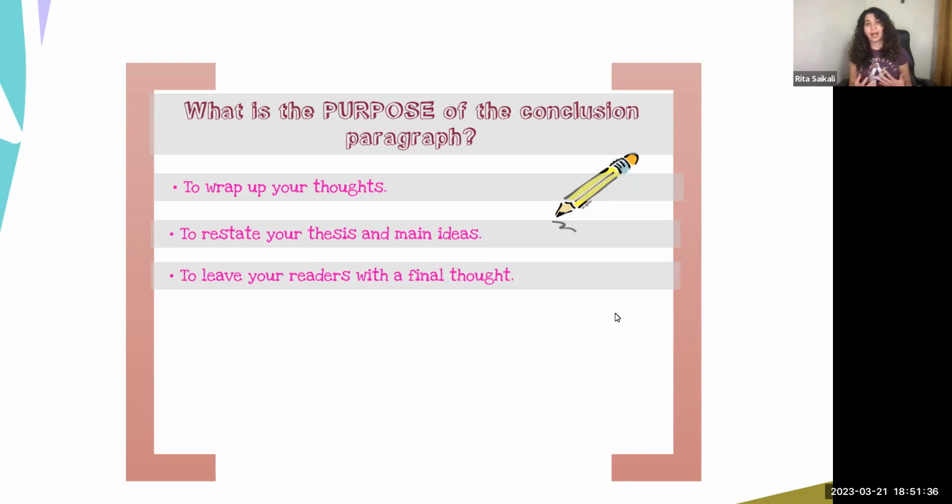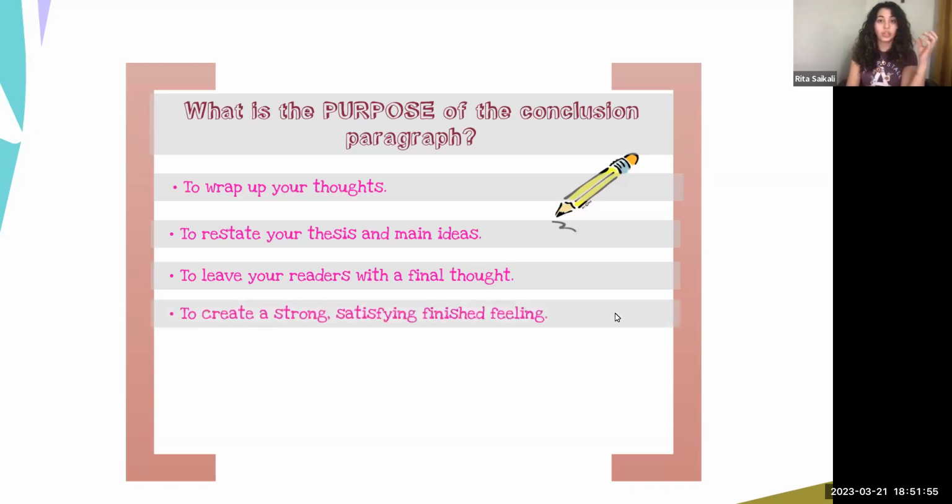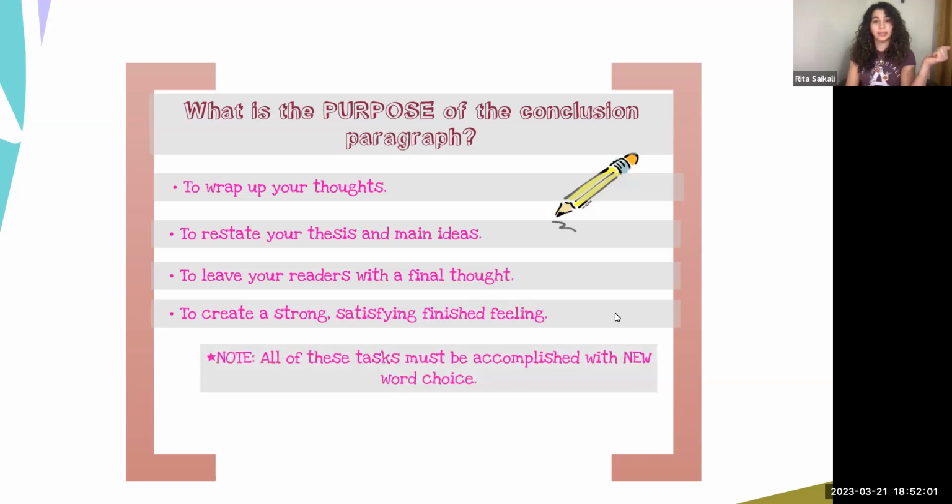Imagine, have you ever walked out of a conversation thinking about what the person told you? If you have, then that person left you with a very powerful thought. They ended that conversation in a way that makes you think. This is what your conclusion should do. You also want to create a strong, satisfying, finished feeling.